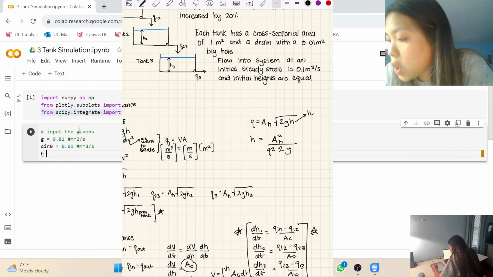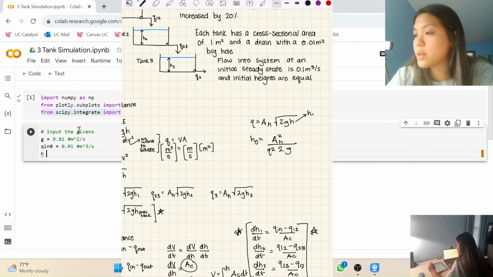And this flow, because we want the initial height, we're going to have the initial flow rate.